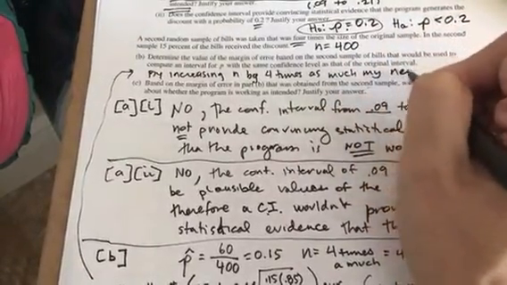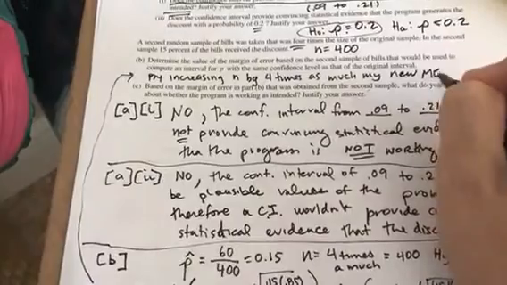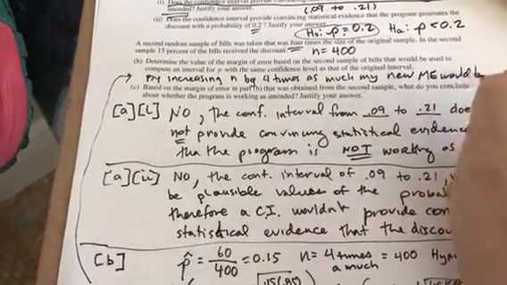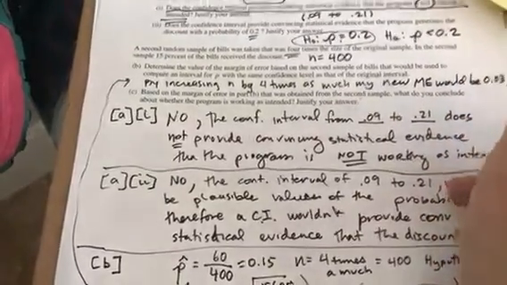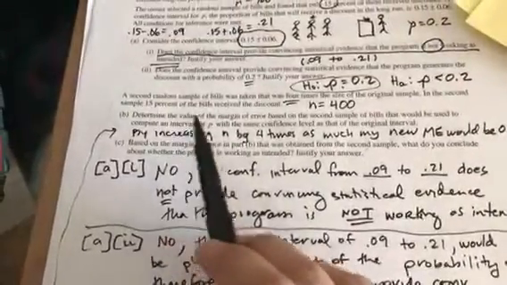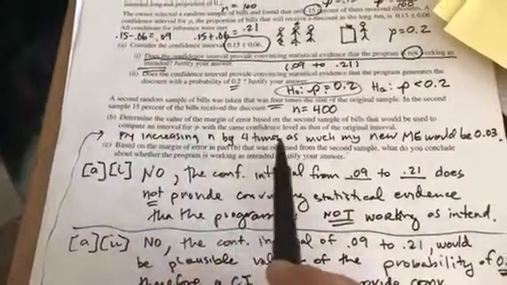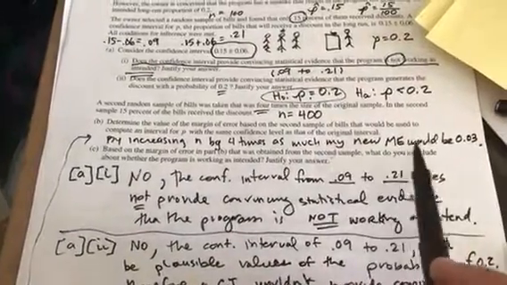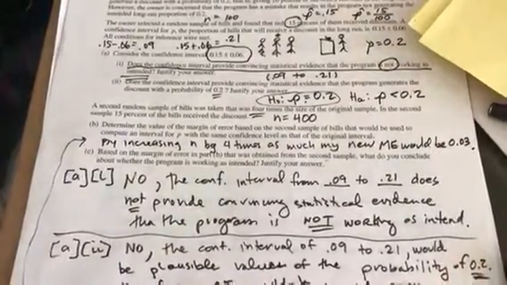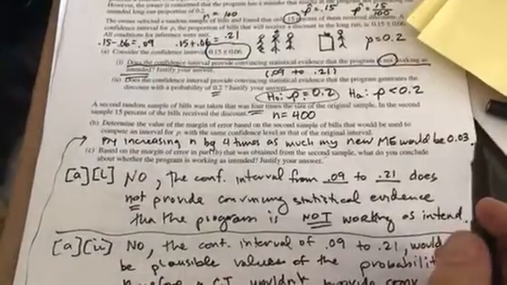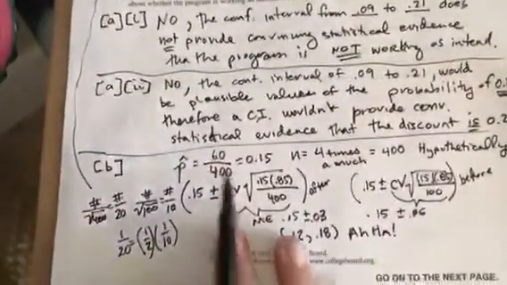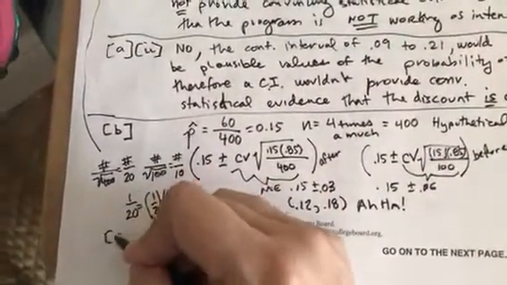My new margin of error would be 0.03. Okay, and that's the question they asked. So determine the margin of error by increasing n by 4 times as much. My new margin of error is 0.03. Now let's apply this in C.